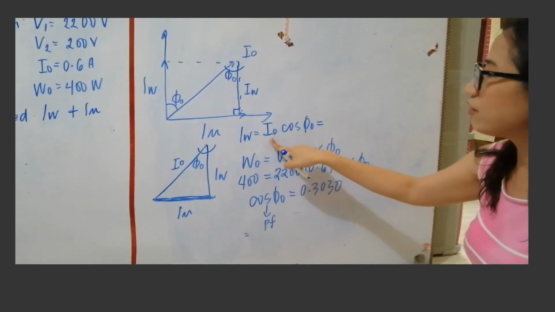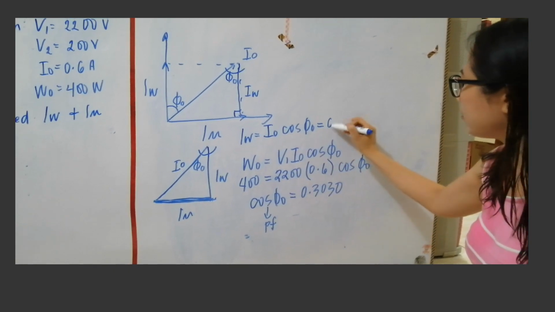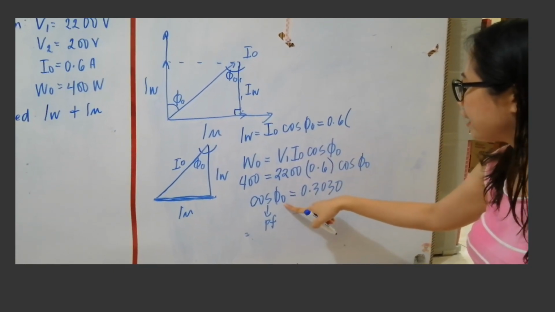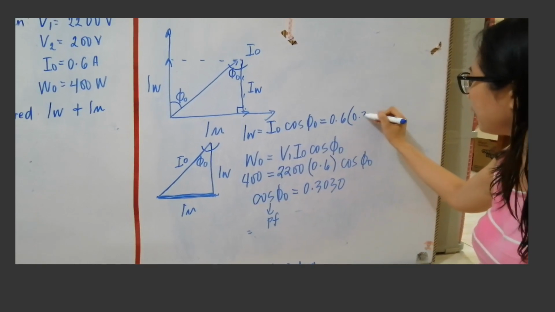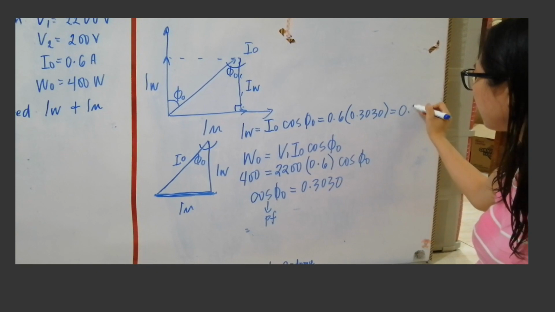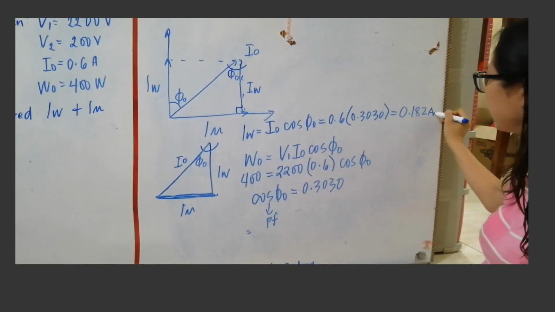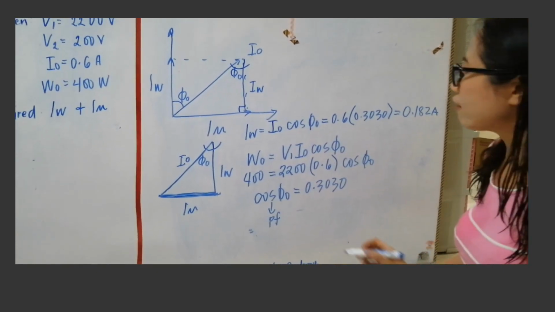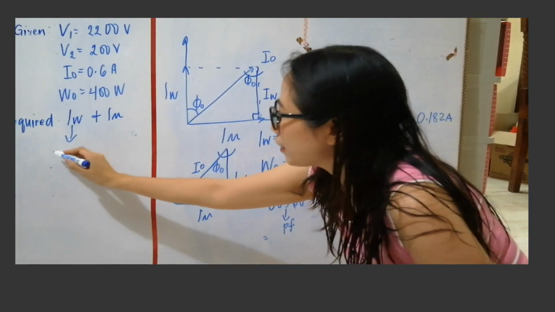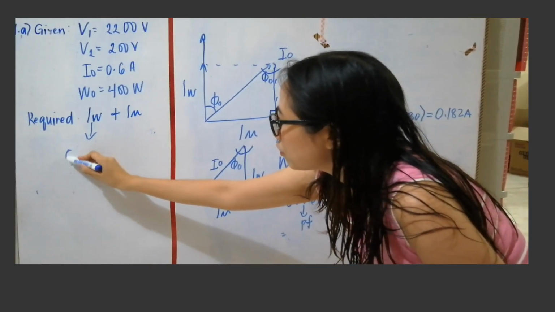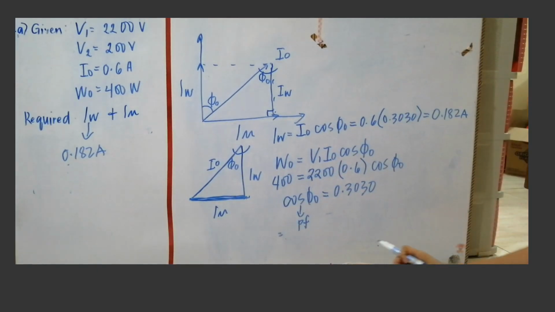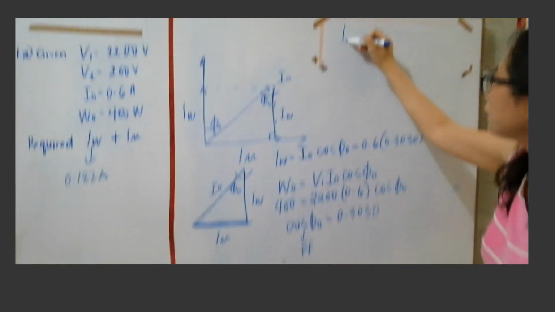So we already have the value of I sub 0, which is 0.6 ampere, times our cosine phi sub 0, which is 0.3030, and this is equal to 0.182 amperes. So we already have the value for our iron loss component, which is equal to 0.182 amperes. Now, let us solve for I sub mu.